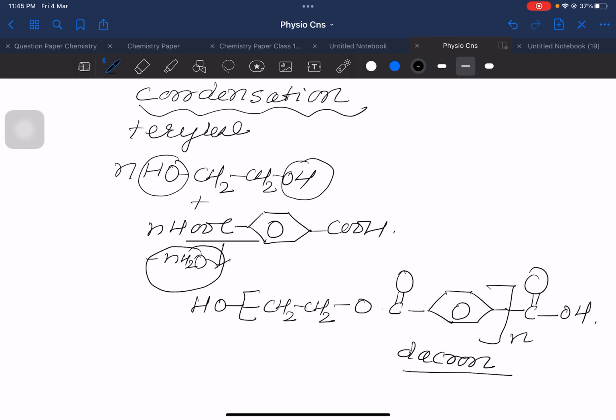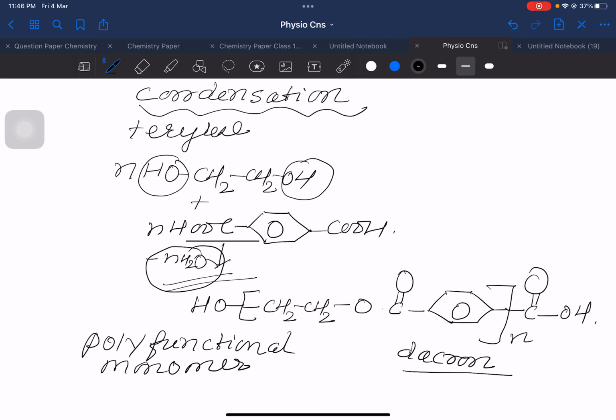The process of formation of polymers from polyfunctional monomers with elimination of small molecules such as water is called condensation polymerization.